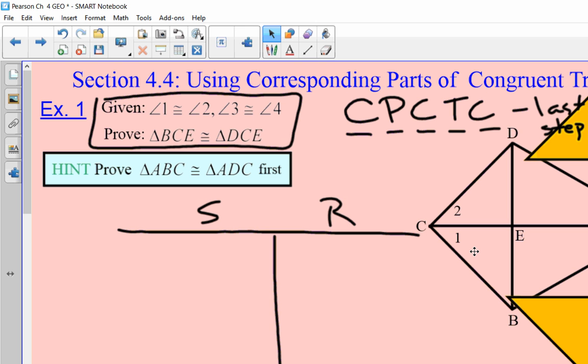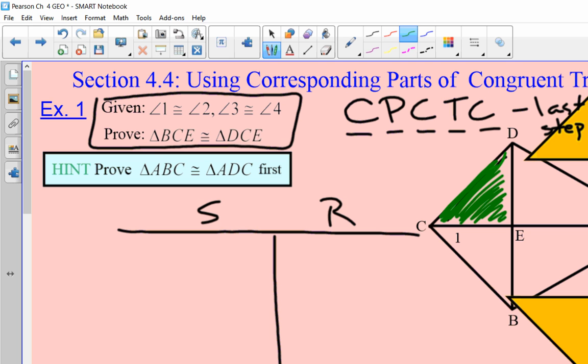Okay, so what we're trying to prove here is that triangle DCE is congruent to triangle DCE. I'm going to use a different color here. I'm going to try to prove that this triangle right here is congruent to this triangle right here.